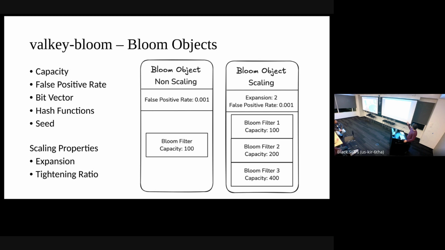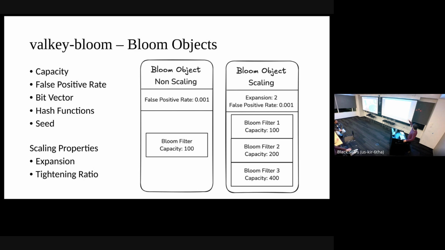So the difference with a scaling Bloom object is it would start out the same. You just have a single Bloom filter. But once I add 100 items, if I add another item, it's going to scale out. The second Bloom filter gets added to the vector of Bloom filters within the same Bloom object. And the second Bloom filter will have a capacity which is X times the previous Bloom filter.